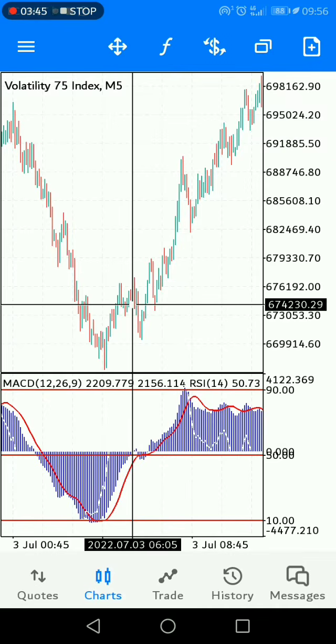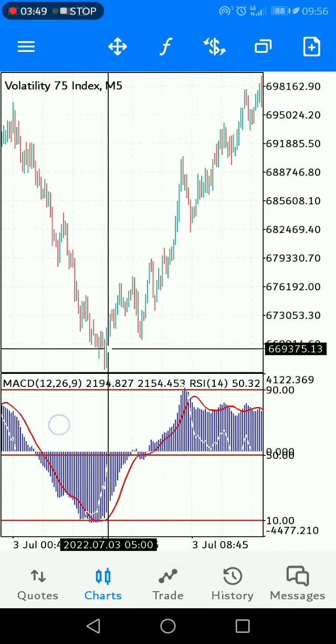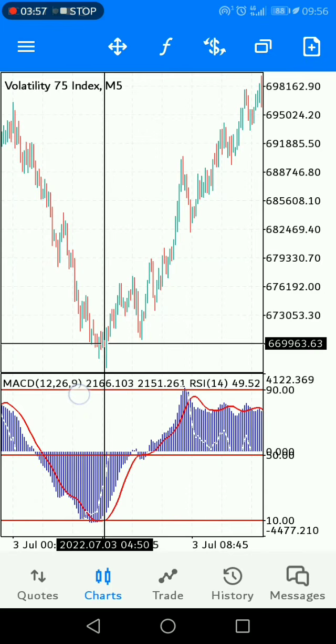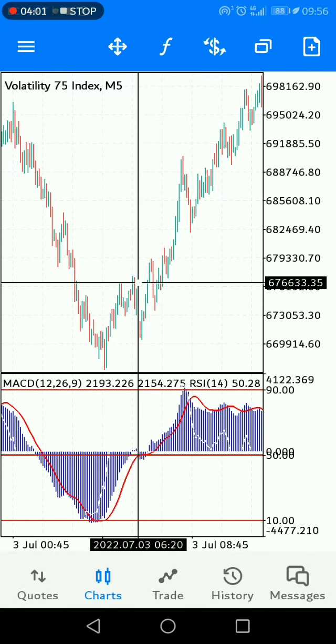Let's say you enter at this point right here and you are riding this trend going up. What you want to do is exit. The first point of exit is when the MACD touches the middle line, the 50 zone here.